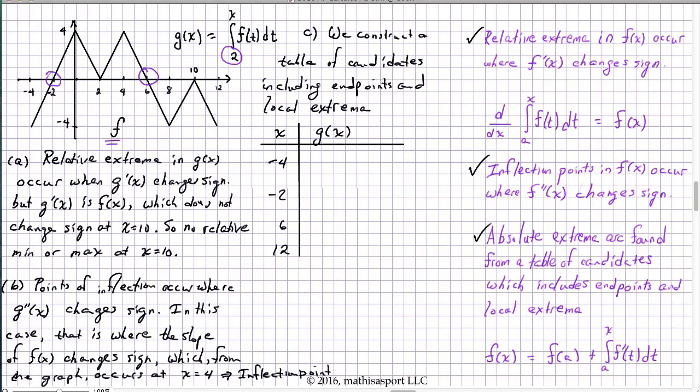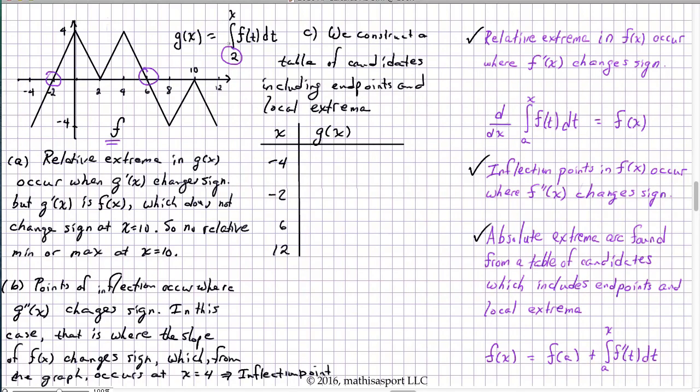To do that, we're going to have to calculate the signed area using the graph. But a key point is to recognize that our starting point for all our calculations needs to be at x equals 2. Why? Because that's where g of x equals 0, or more generally, that's the initial condition, if you will, that they've given us.